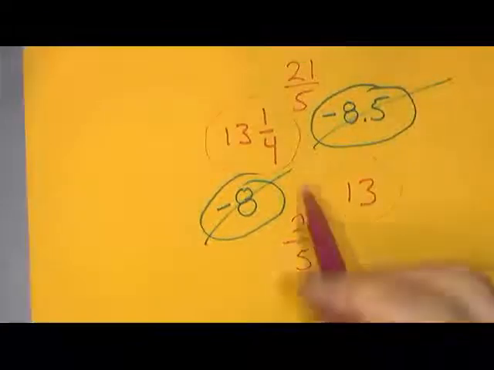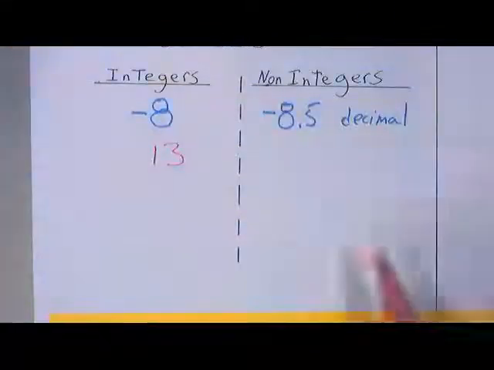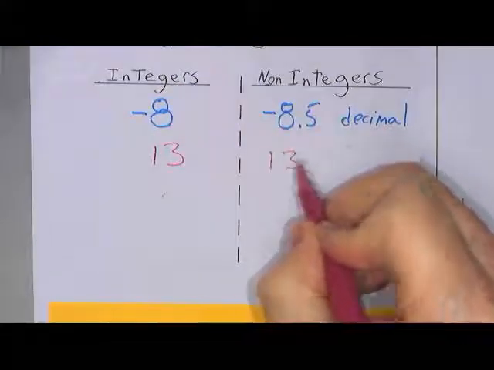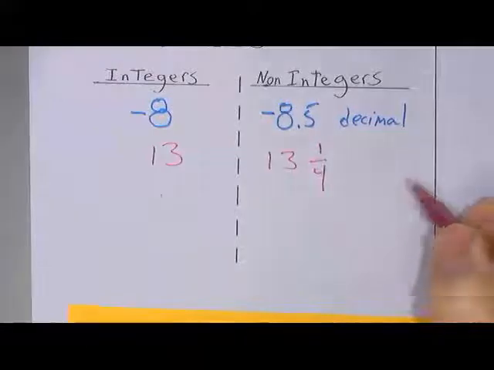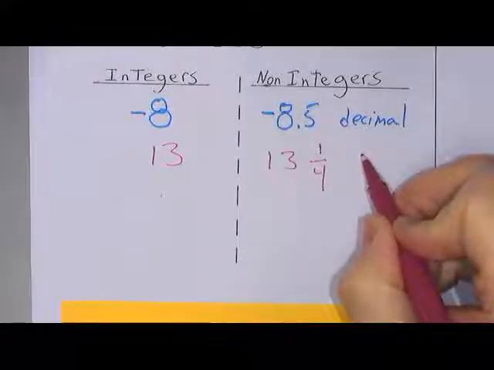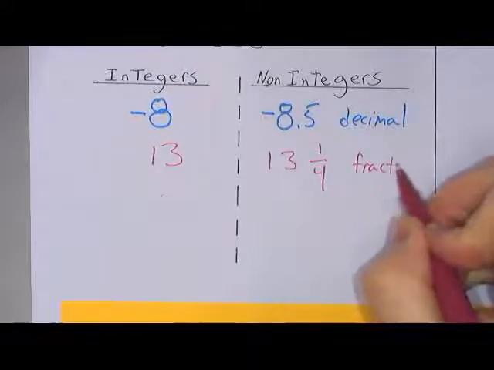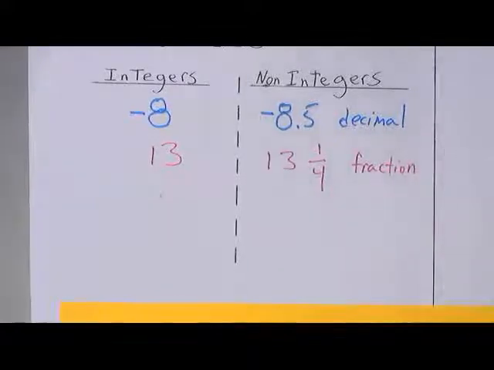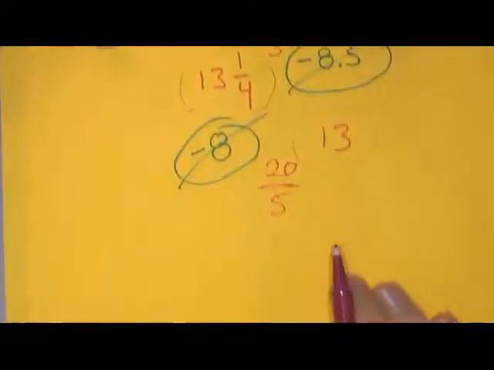But 13 and a quarter, no, that's not an integer. Why? Because it has a fraction. It is a fraction. So those two are out.